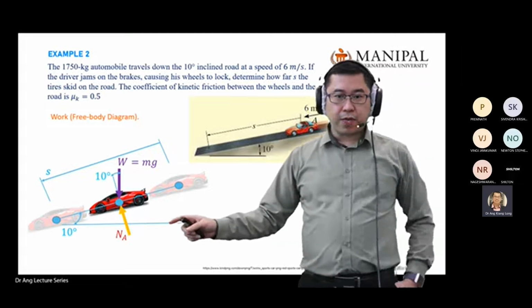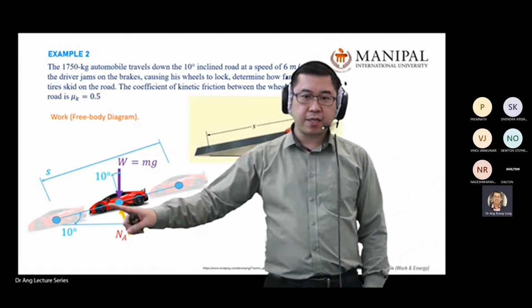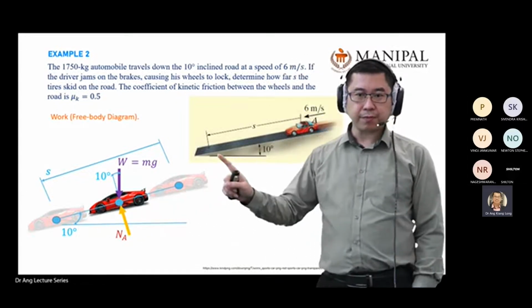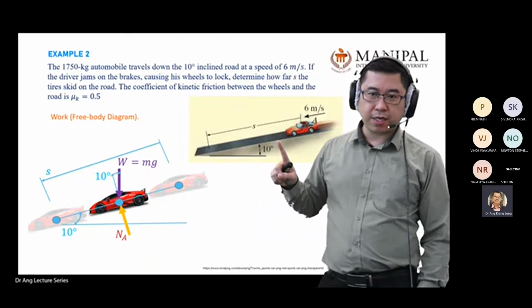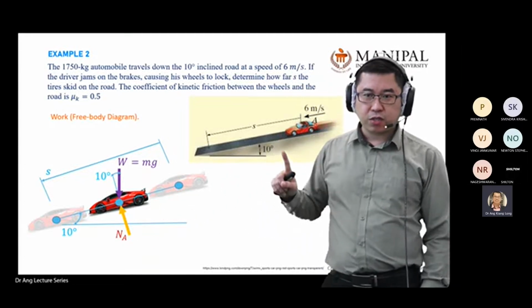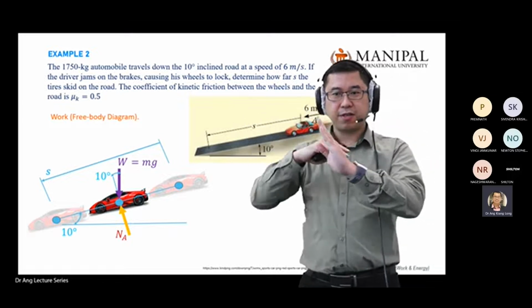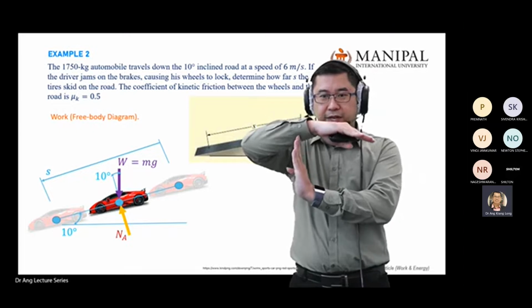When you draw the normal force, remember the normal force is always perpendicular to the plane. Let's say this is your surface. Your normal force is always 90 degrees to the surface.